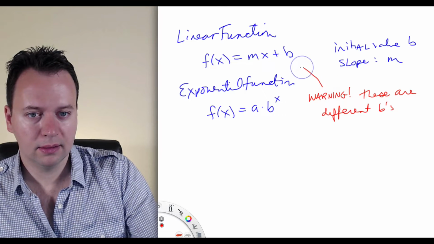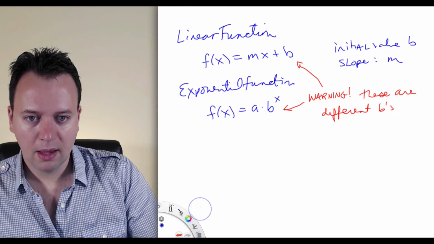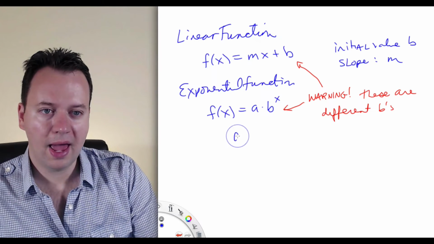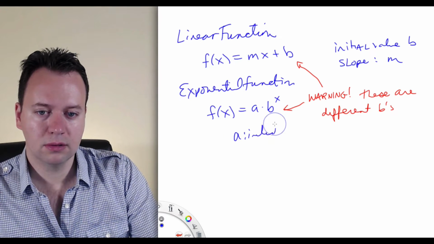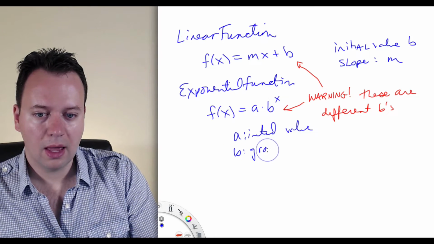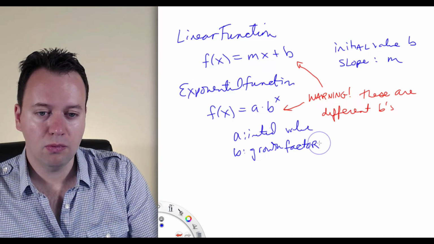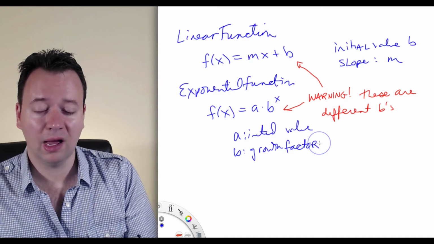That one up here and this one up here are different b's. But you have something of this form. Here a is the initial value and b is the growth factor. And we saw previously that the growth factor is what you multiply the output by every time you increment x by 1.